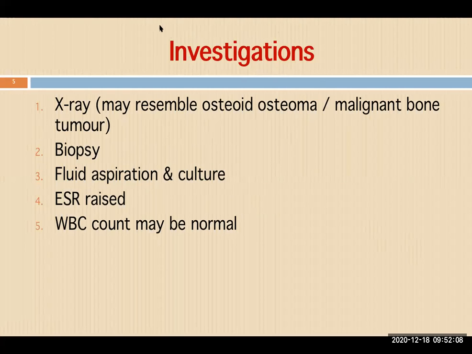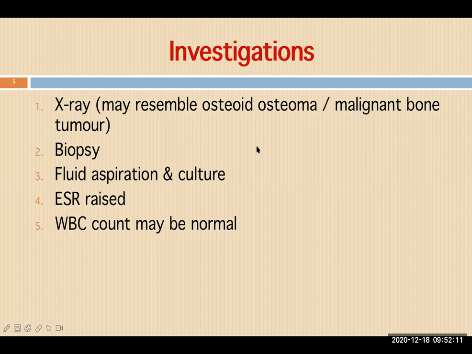Osteoid osteoma is a type of benign bone tumor, and it may look exactly like subacute osteomyelitis, so that's why it may be confused. But all the classical clinical features of inflammation will be absent there. And in malignant bone tumor, the important one is osteosarcoma, which may occur at the same site.